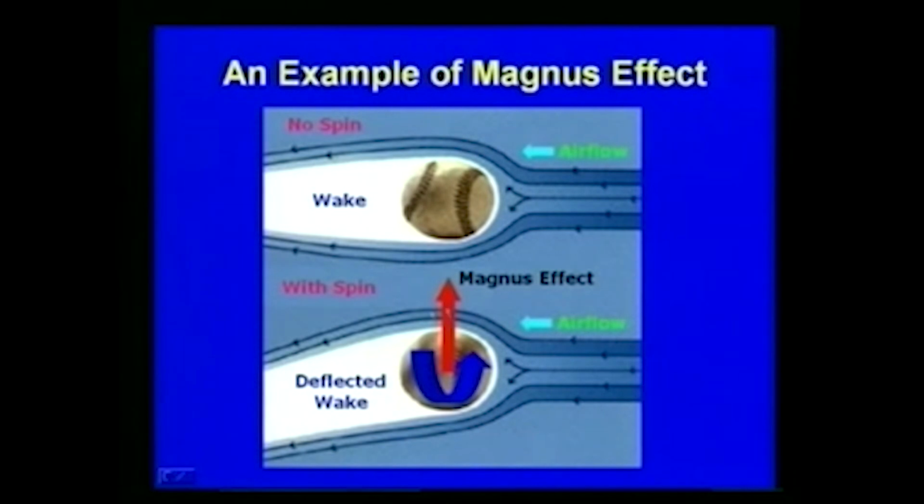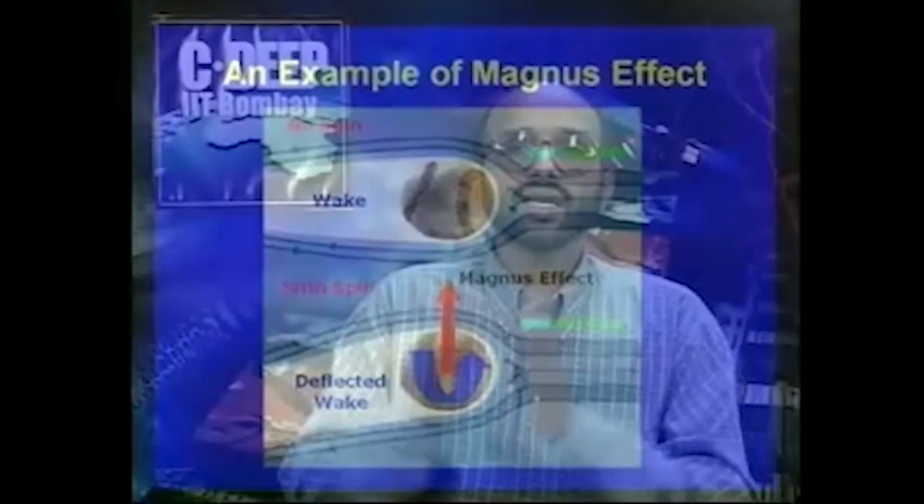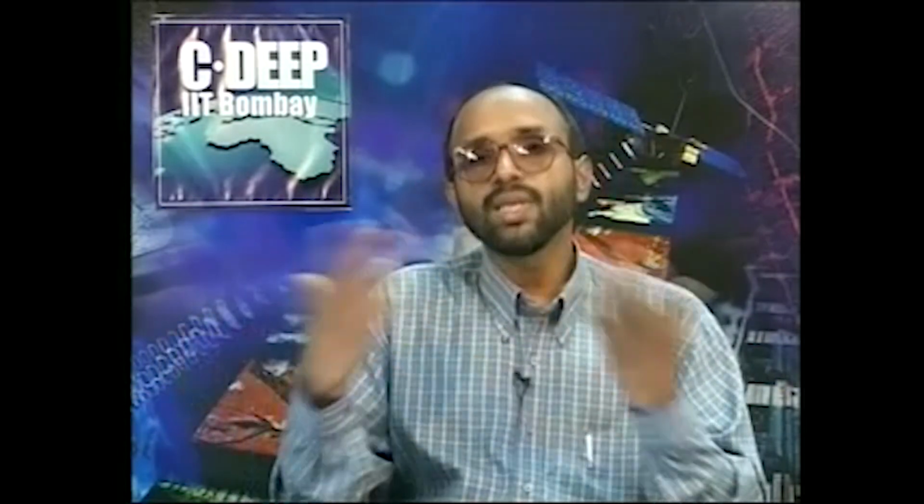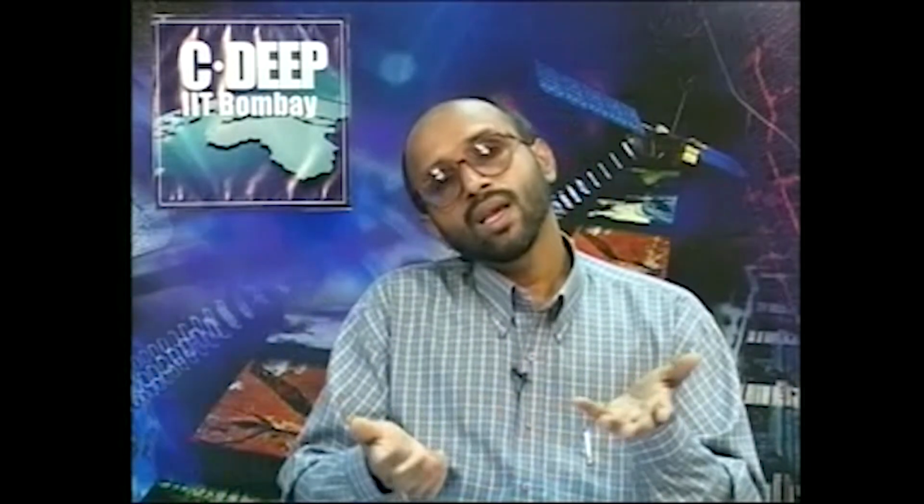So this effect is very important. When we play either cricket or tennis or golf, or any game where we use balls like this, while throwing the ball or while batting the ball, if spinning is also provided, then there will be a lifting effect other than the movement of the ball due to the spinning.